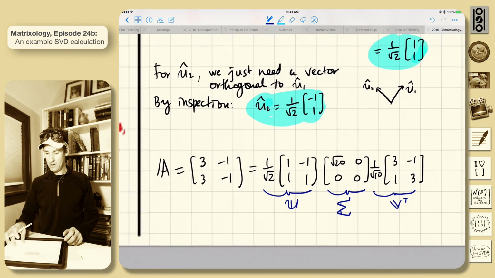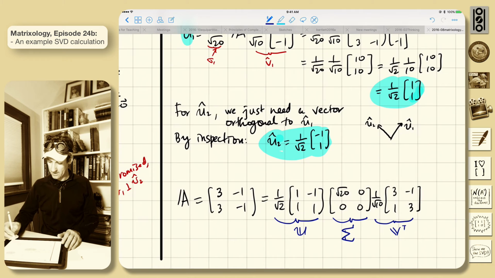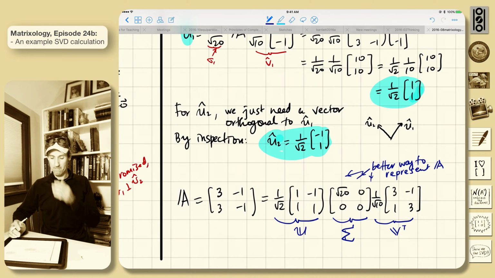Good. So the story is that this is a better way to view A, to represent A. A is a tiny little 2 by 2 matrix, but this product of 3 matrices is better.